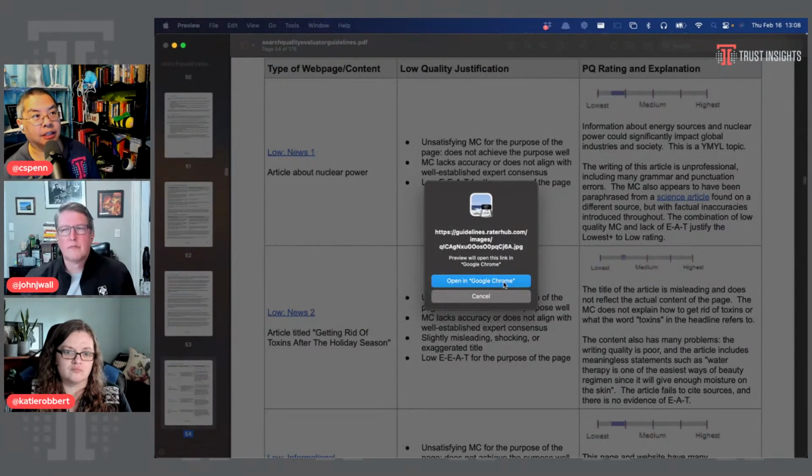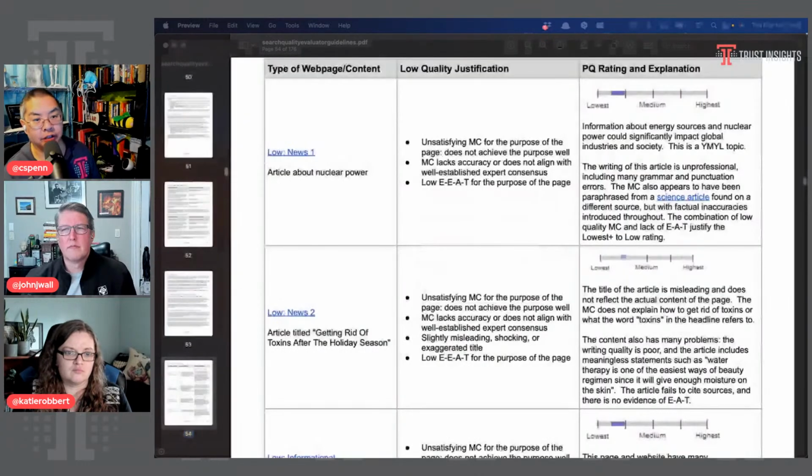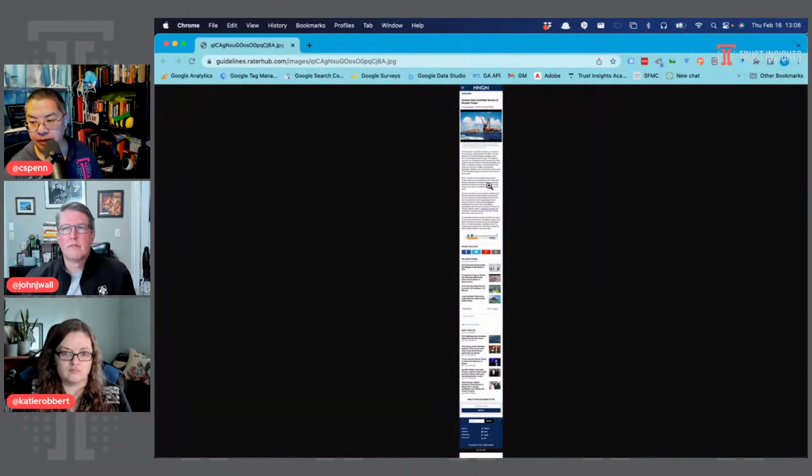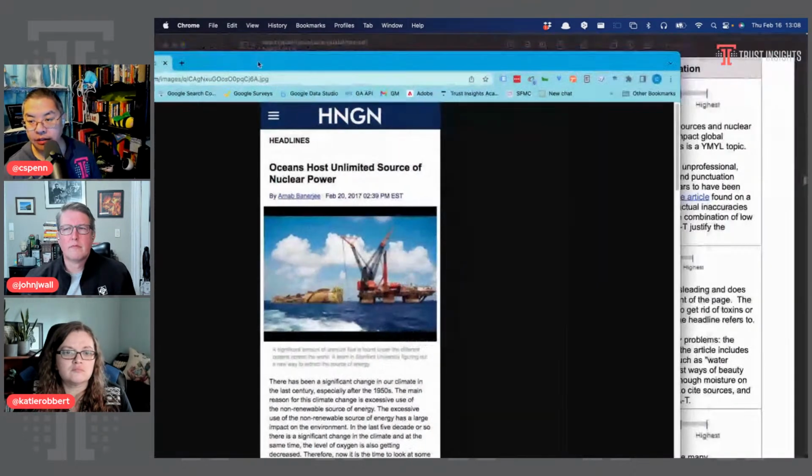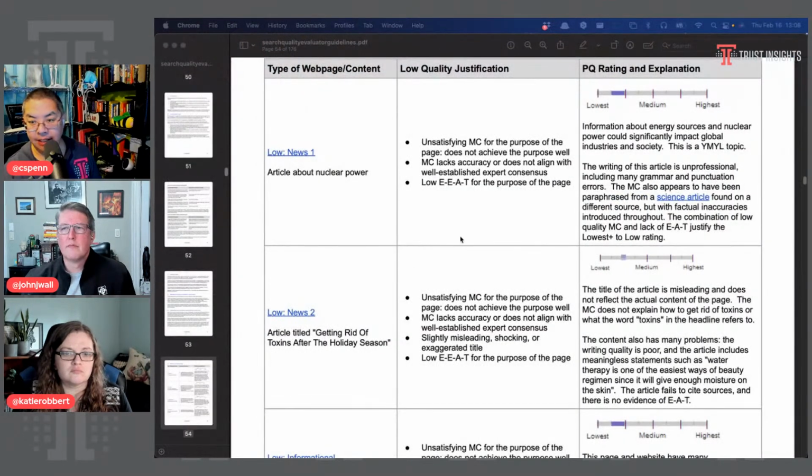So, for example, this page here, and we'll pull this up here. This one was rated as low quality content, and the reason Google says this was rated low quality content: it does not achieve the main purpose well. It lacks accuracy and does not demonstrate expertise, experience, authority, or trustworthiness.